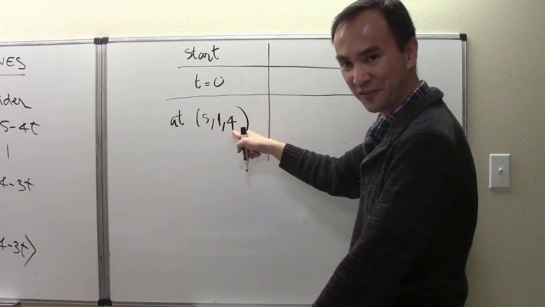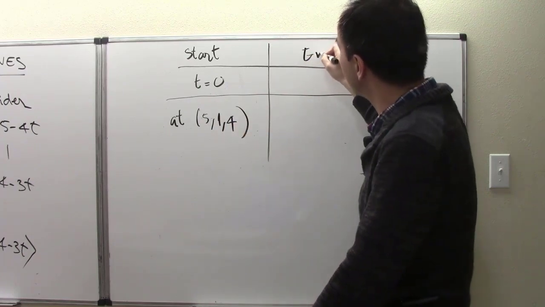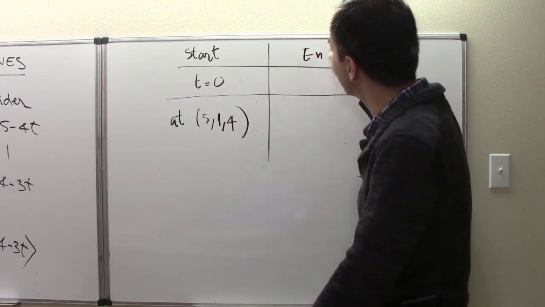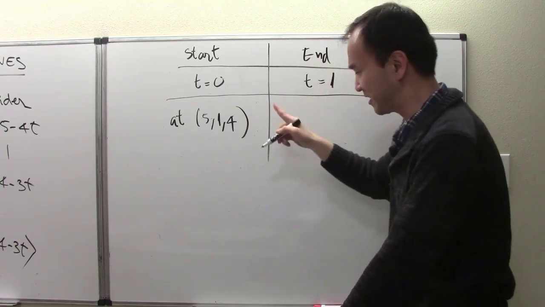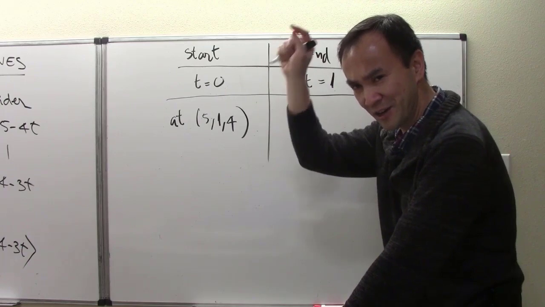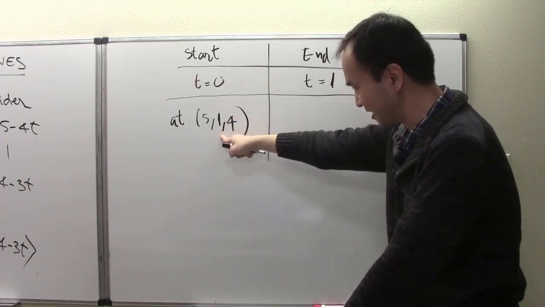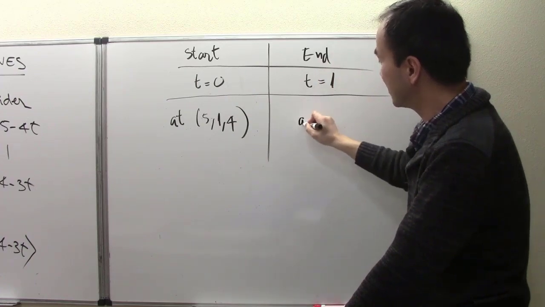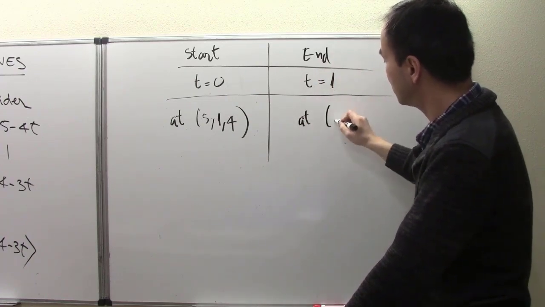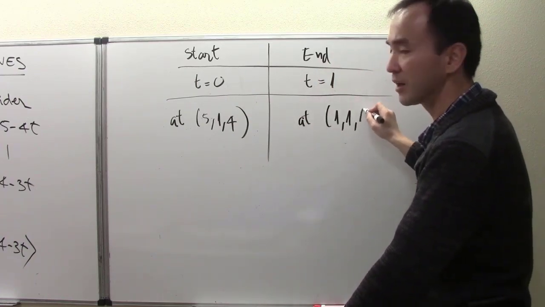We're starting there first. And then when we end at t equals 1, if we place a particle on that path, it started at the point equivalent to t equals 0, but when we're ending with t equals 1, the particle moves to (1, 1, 1).